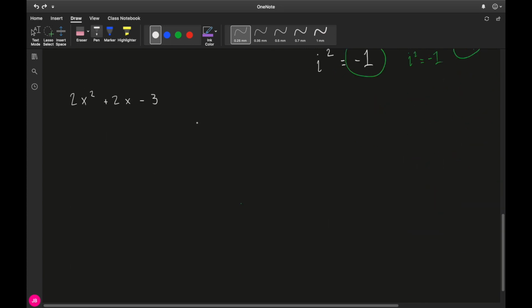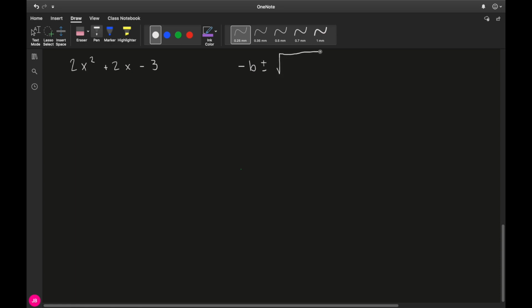This one right here. So let's go ahead and write it down one more time. We have negative b plus or minus the square root of b squared minus 4 times a times c, all divided by 2 times a.